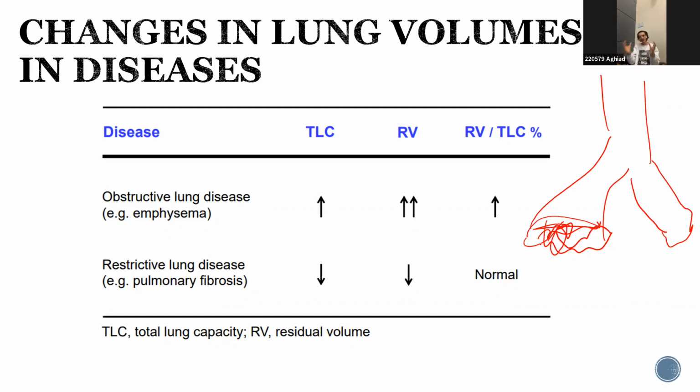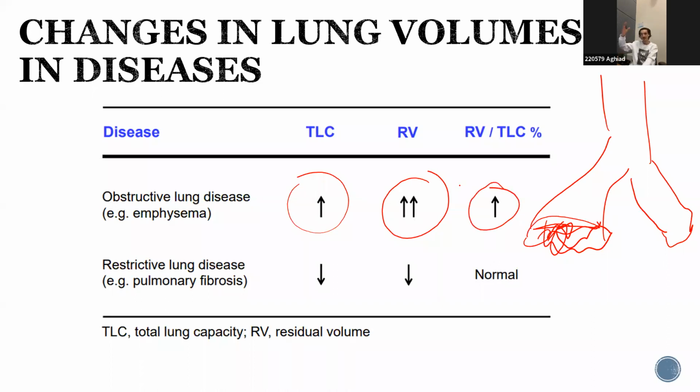So yes, sure, it gave us more space. However, you can't push that air out. The amount of air you can push out decreases, thus increasing the residual volume. Relatively speaking, the residual volume and the total lung capacity don't change equally, so you get an increase in the ratio.